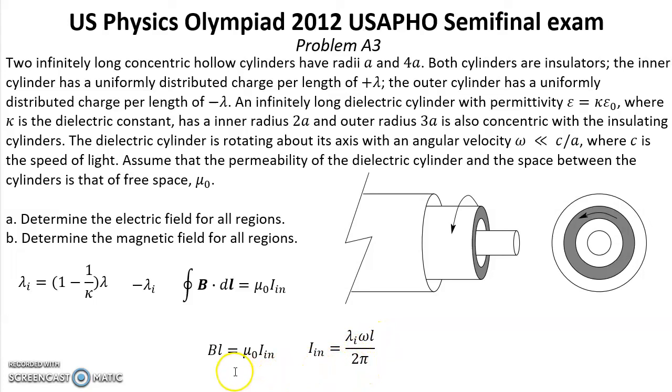Now we can compute the magnetic field inside the dielectric. And finally we have the magnetic field inside of this dielectric equal to this expression, and outside it equals 0.